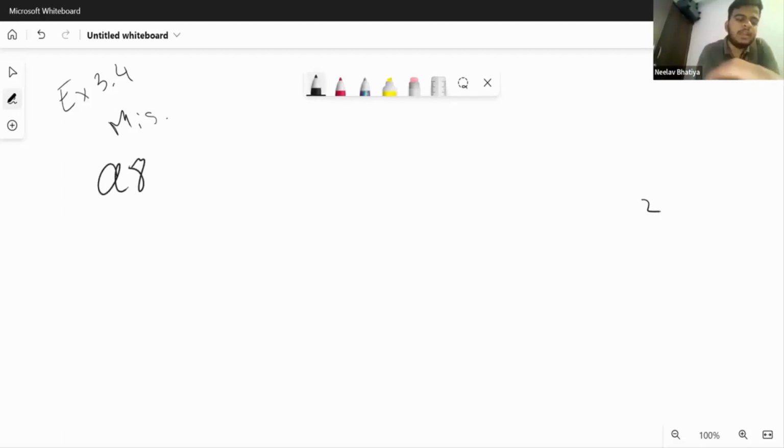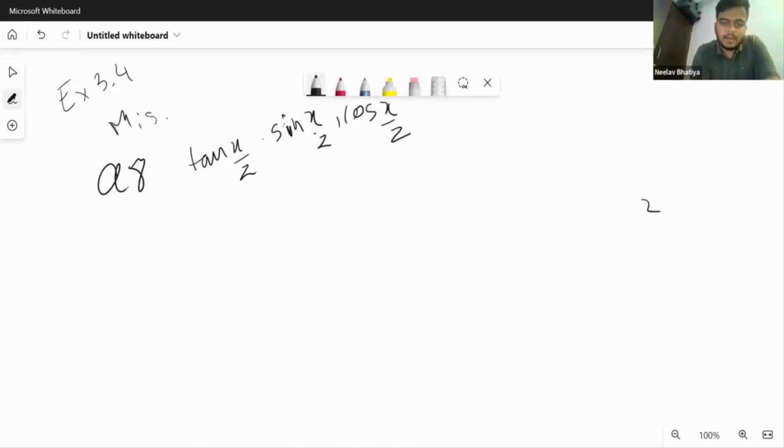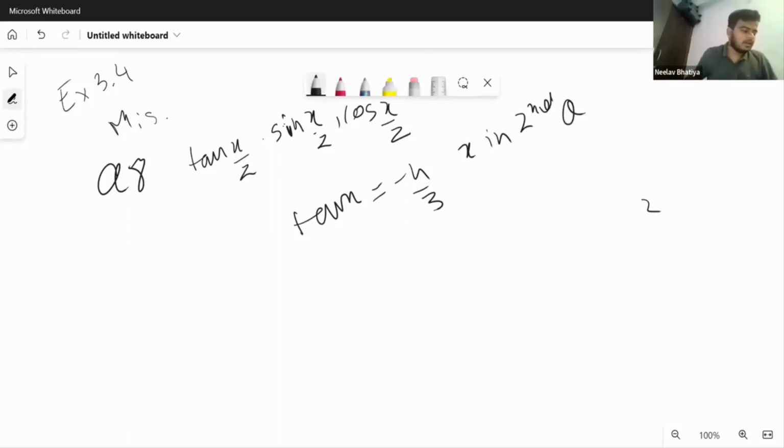So question number 8, we need to find the value of tan x by 2, sin x by 2, and cos x by 2 in this question, right? And need to find all these values, not just tan or sin individually, correct? And tan x is given to us as minus 4 by 3, correct? X in the second quadrant, correct?